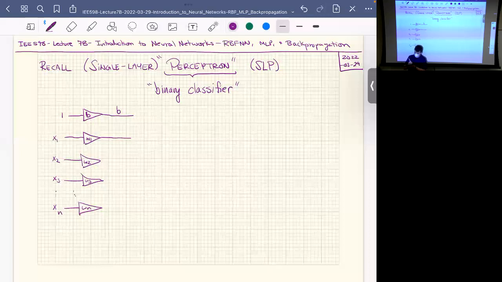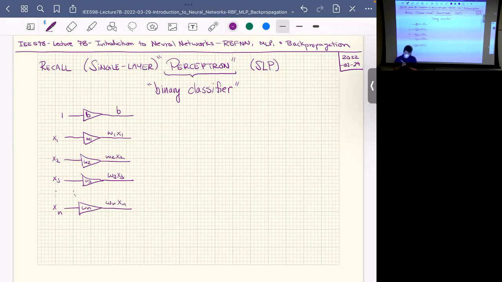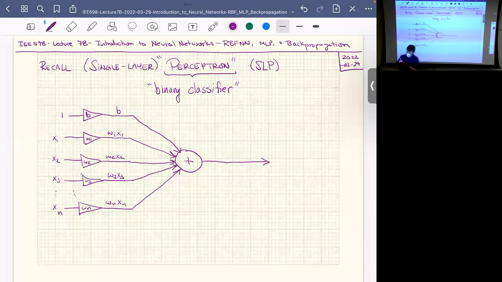Coming out of here is just the multiplication of those, and all of those get summed in the summing junction here. And the output of that sum, I'll put the b out front. So it's just the bias term.